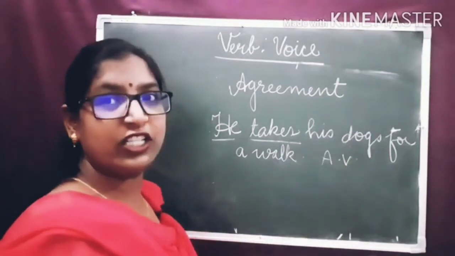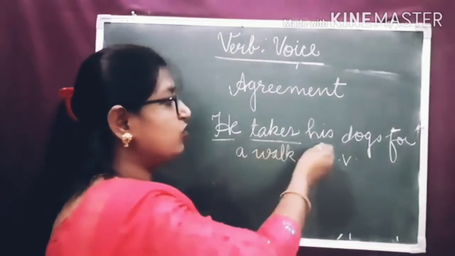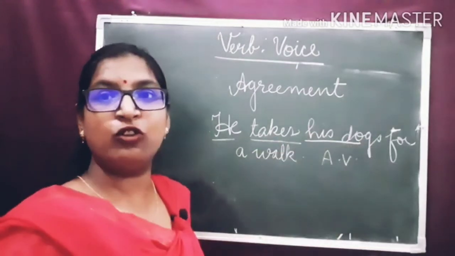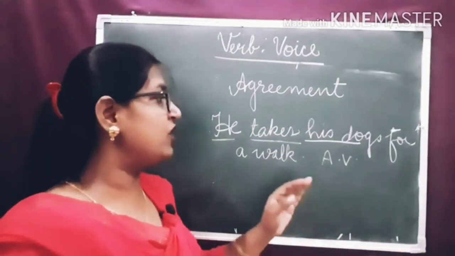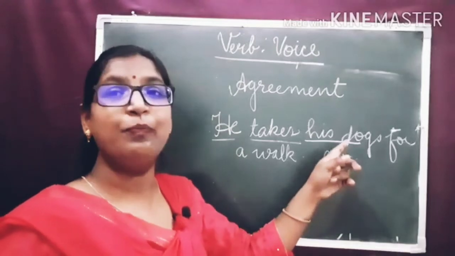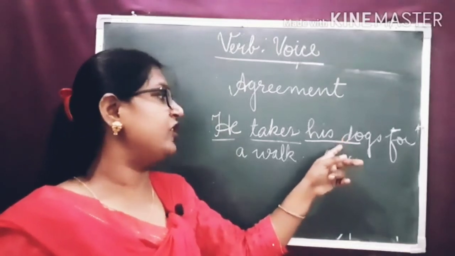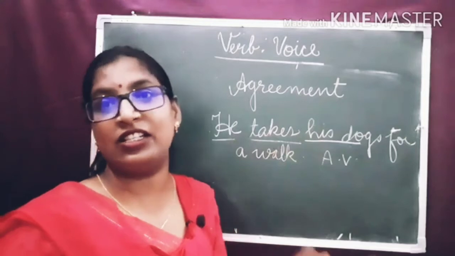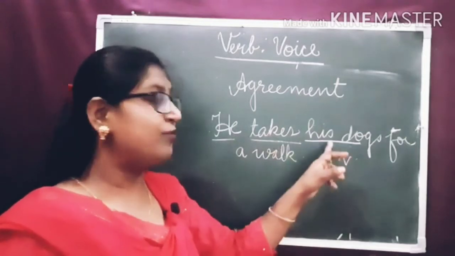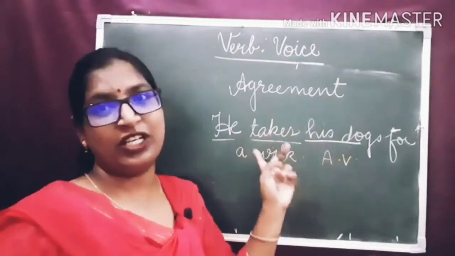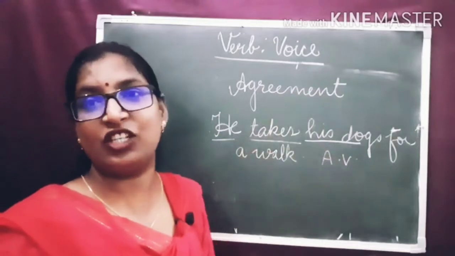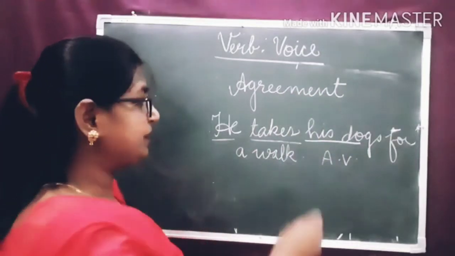Now dear children, what is the object here? He takes what or whom? His dogs. So dear children, when we change from active to passive voice, the positions of the object and the subject are interchanged. The object becomes the subject and the subject becomes the prepositional phrase. How?